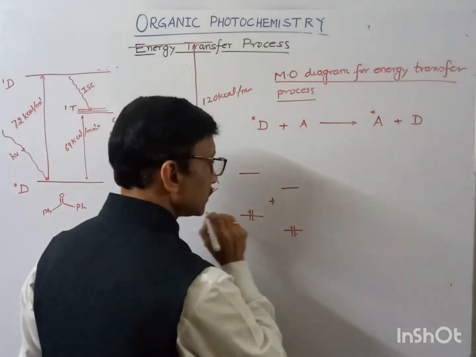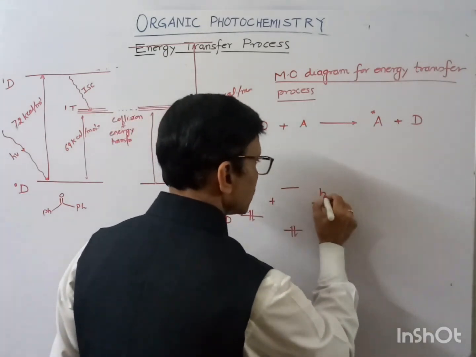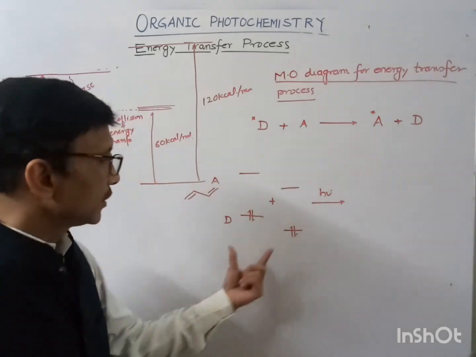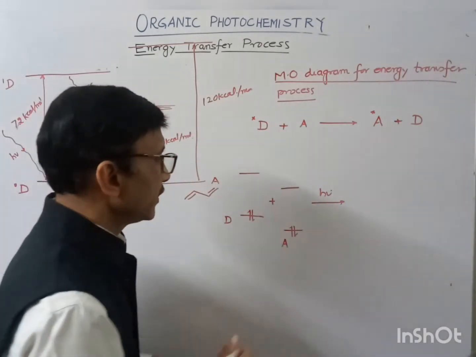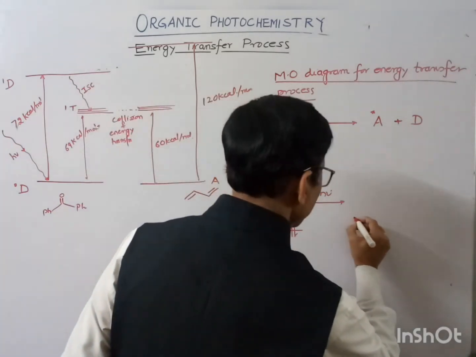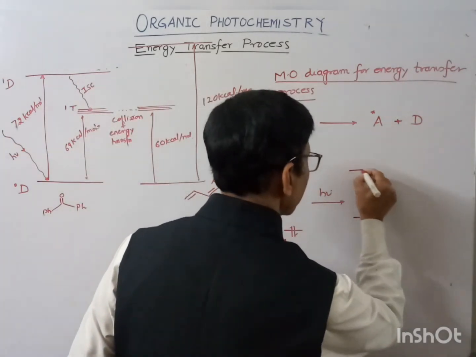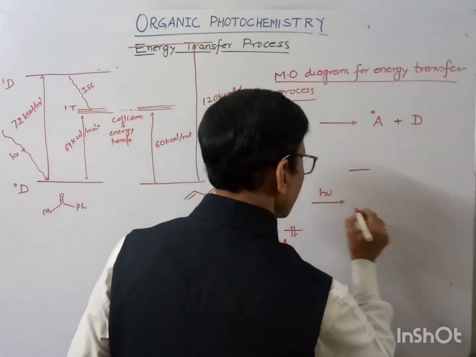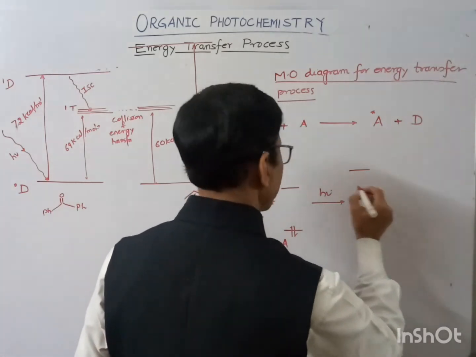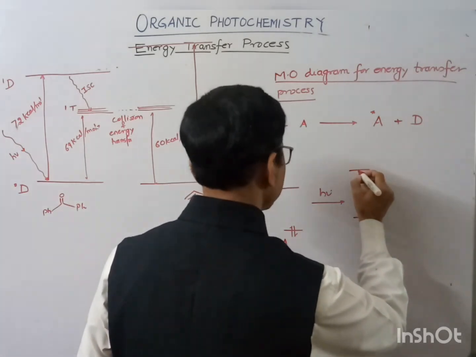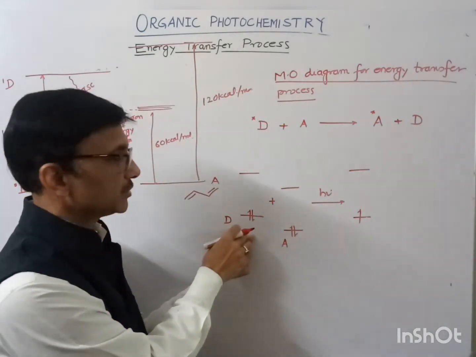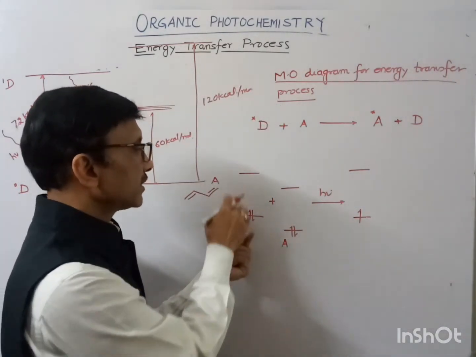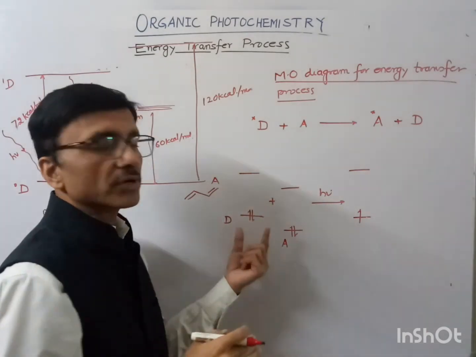So here both donor and acceptor are in the ground state. After irradiation, the donor molecule will become excited. As I have shown, the donor molecule has the higher energy, that's why I have shown it at the higher level.